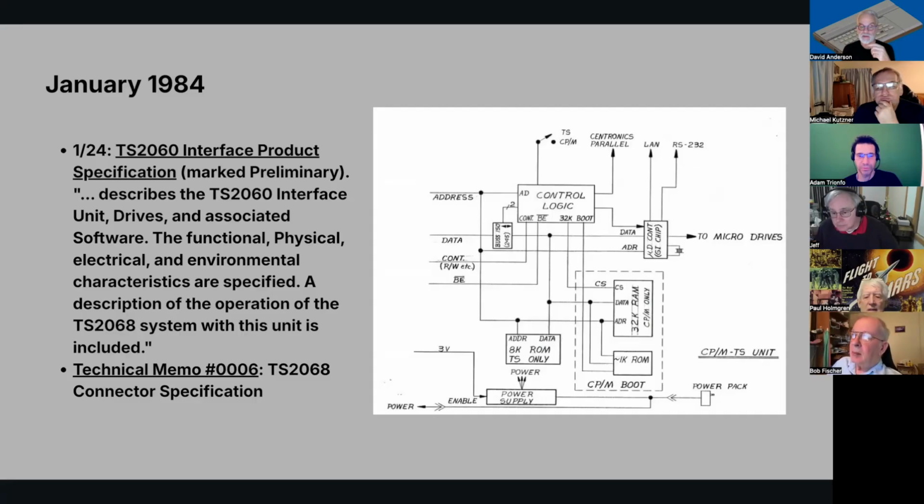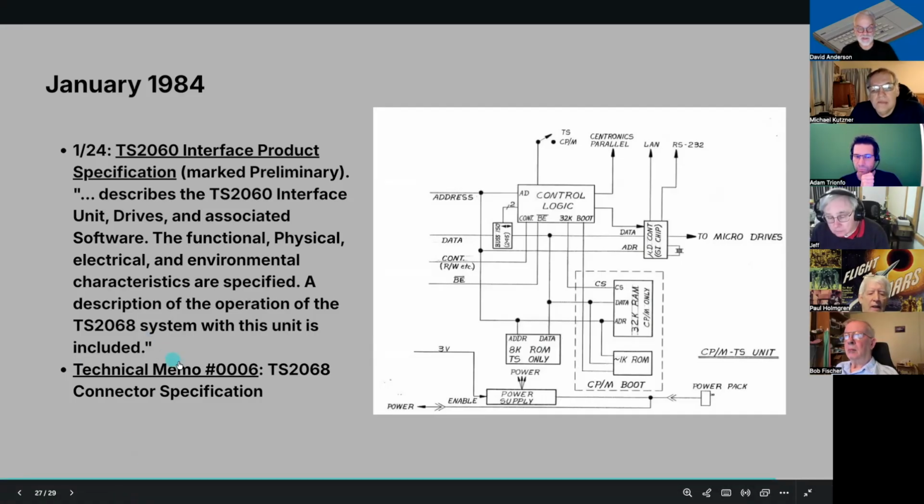In this case, the bus expansion unit, which was this device that you would plug your 2068 into, and it would give it all these additional features like the microdrive interface, 32K of RAM, that 1K of ROM that CP/M needed, that 8K of ROM that the microdrive needed, all these other features. And again, this was a nice document that Lon had preserved, and we didn't have it until he shared it with us.